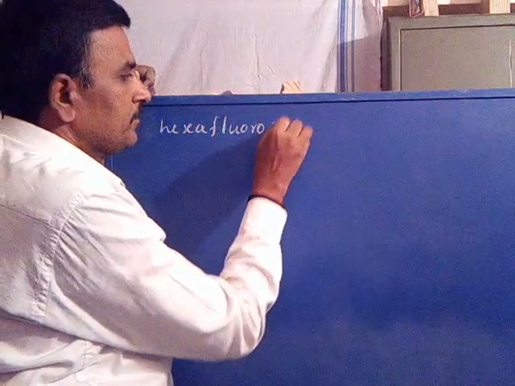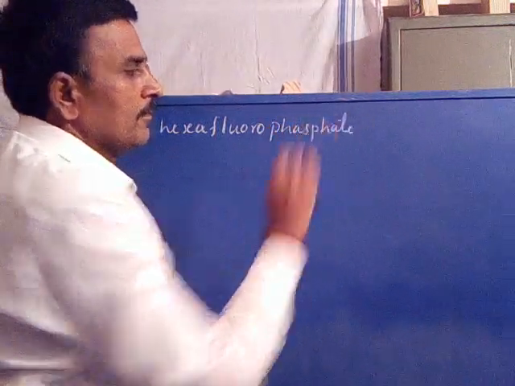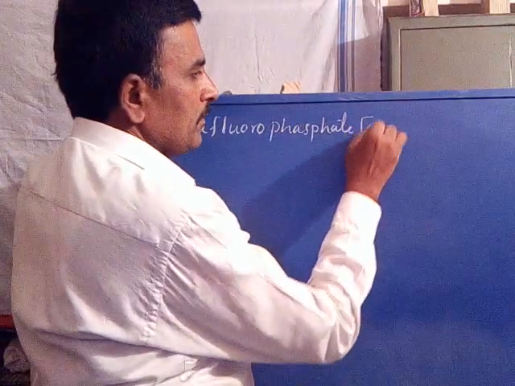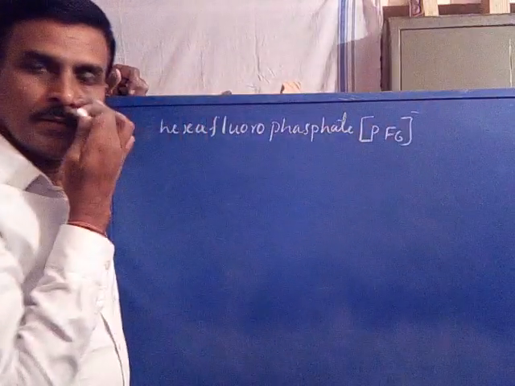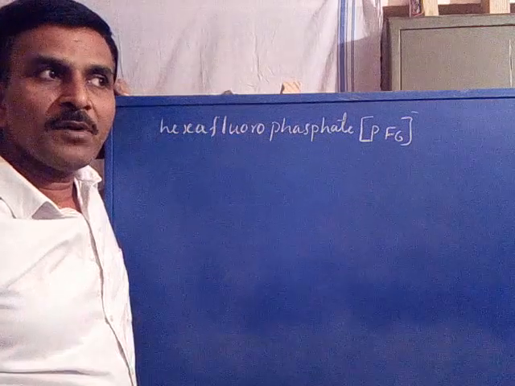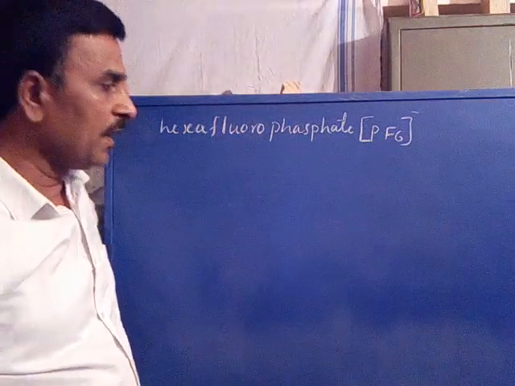Hexafluorophosphate, PF6 minus. A central phosphorus, only one phosphorus, is attached to 6 fluorine ligands.